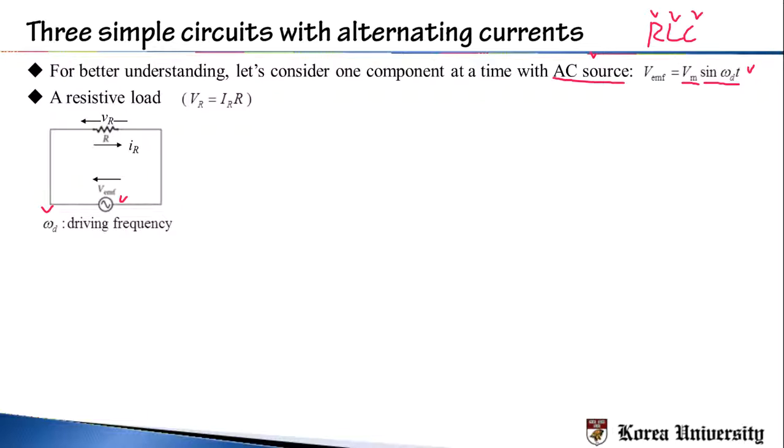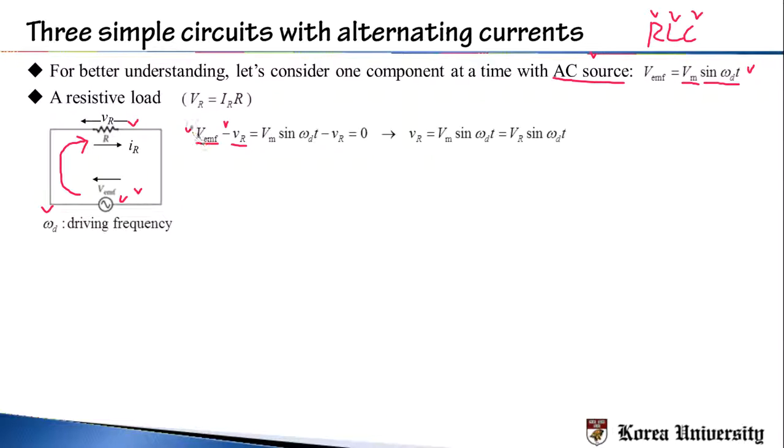So in order to find the current, we use the voltage law. Okay, so we add up all the potential differences and it has to be 0, right? So how do we do that? We first come across this EMF device, so therefore plus V EMF, and then we go through this resistor along the direction of the current, so therefore it's minus VR, which is the voltage across the resistor.